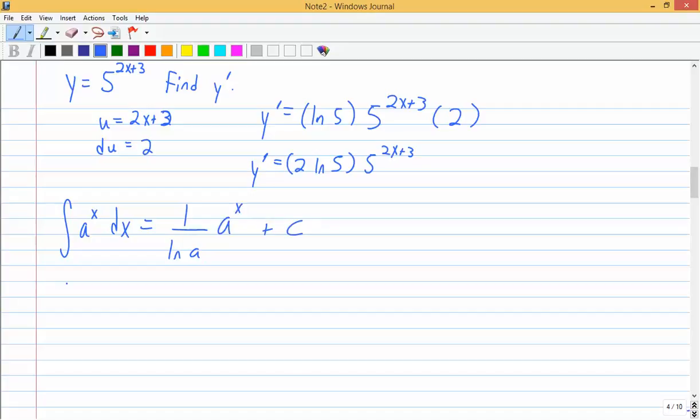So how does this differ from the integral of e to the x? Well, the integral of e to the x is e to the x plus c. So the only difference is that you put a 1 over natural log of a as a constant coefficient.